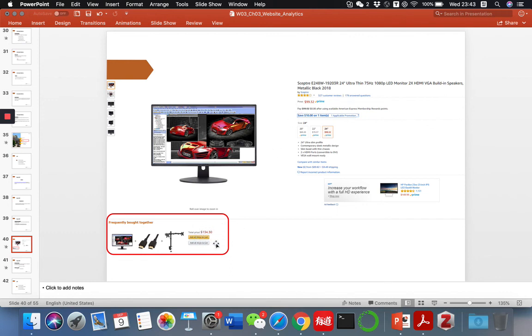So in this way, Amazon gets an extra 15 to 20% revenue. It's a pretty efficient strategy to get your AOV higher.